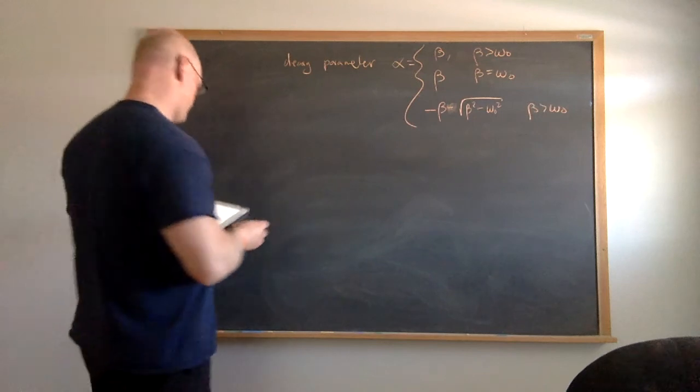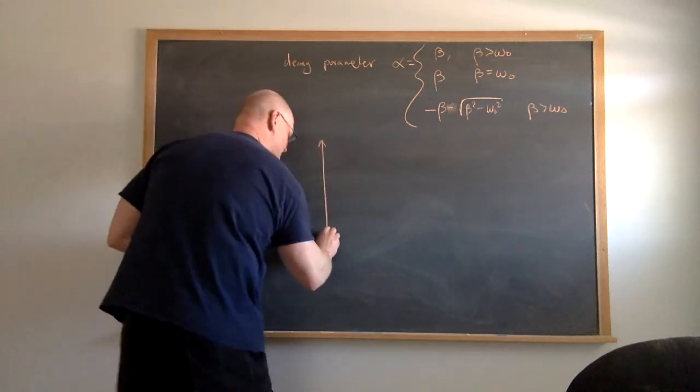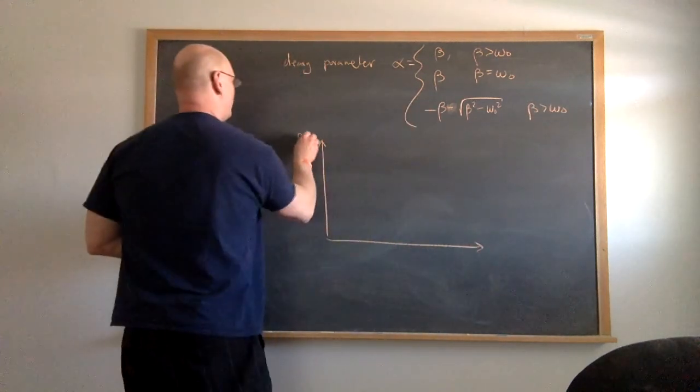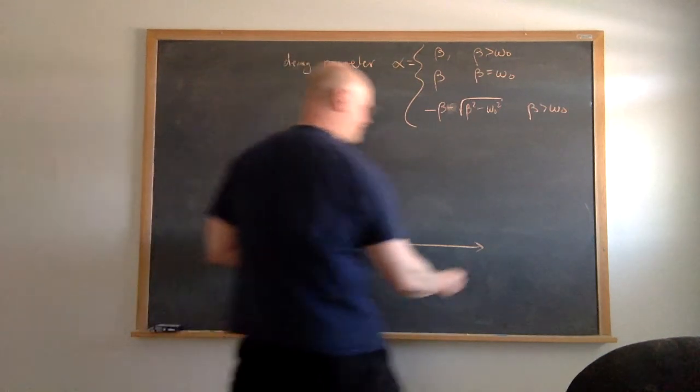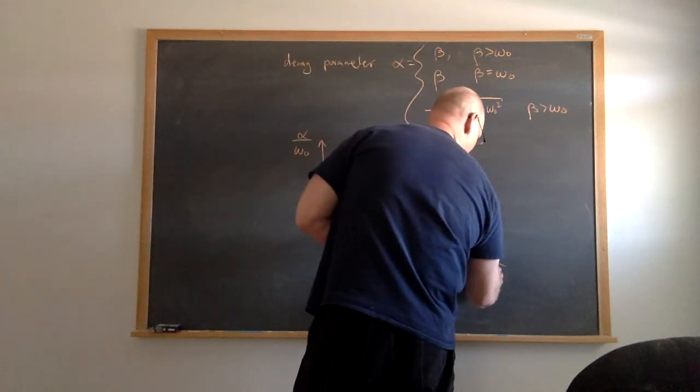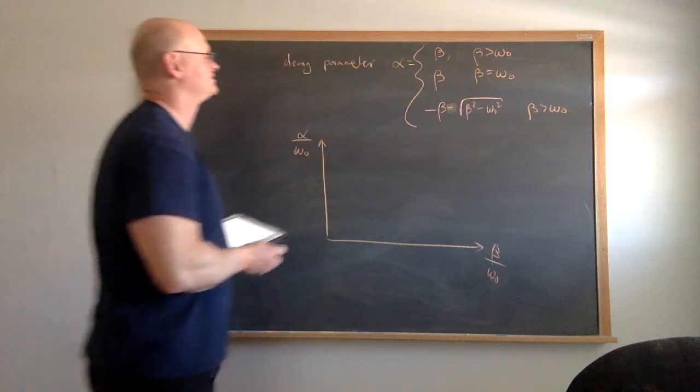So basically, let's do a plot of this. Let's plot alpha divided by the natural frequency here, and then beta divided by the natural frequency here.